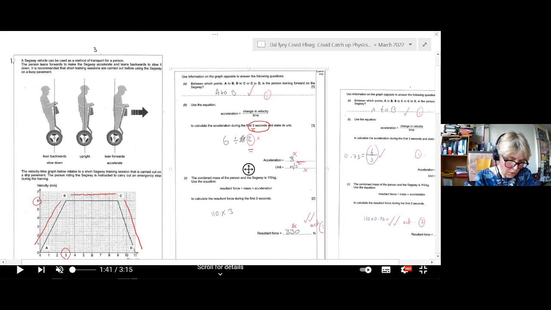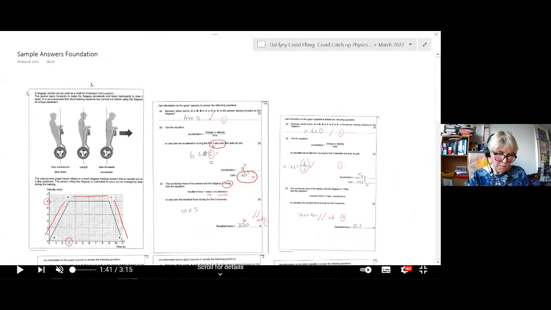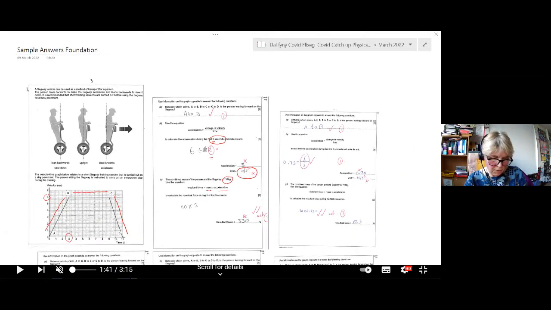And notice a very common mistake here is to write that acceleration units are meters per second, when in actual fact they're meters per second squared. But they did go on to have the mass and the acceleration from the previous section to get the resultant force. Now, this is foundation level, and it's a good attempt at the questions.